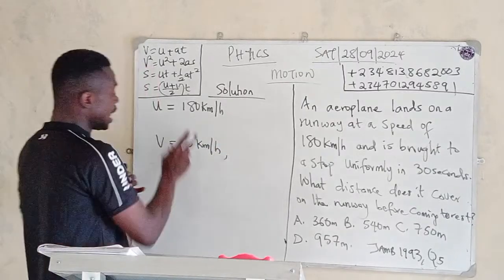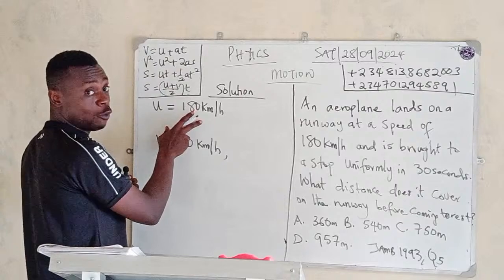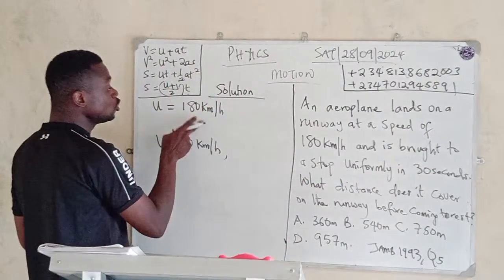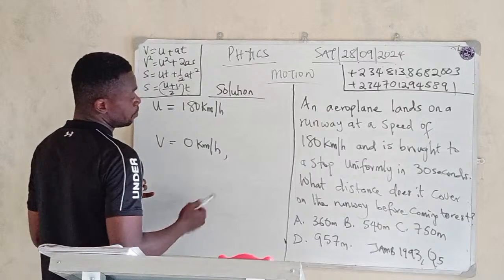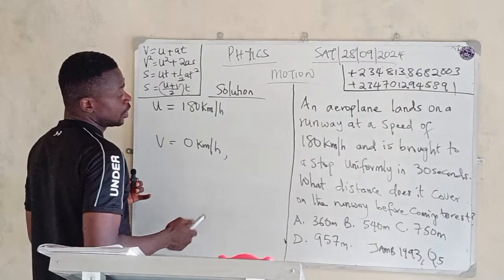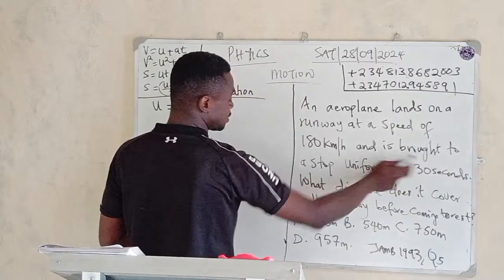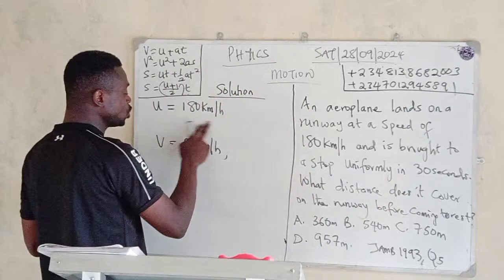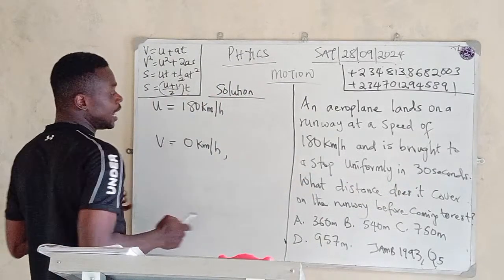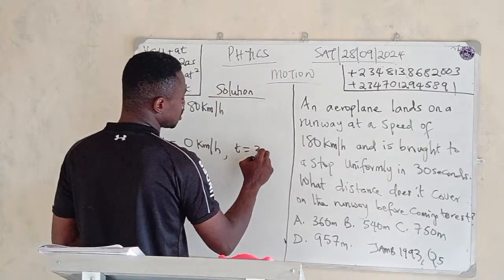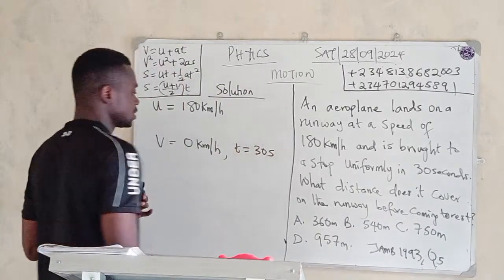Now, I left this space because we are giving time in seconds, so I want to use it for some conversion. That's why I left this space. So the other parameter here is what? Time, which is 30 seconds.